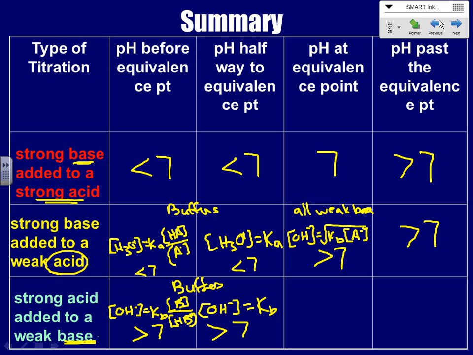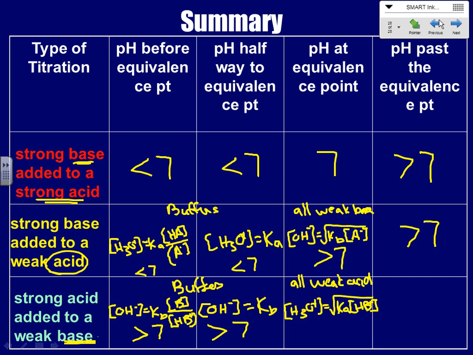At the equivalence point, we've turned it all into the weak conjugate acid. So I have an acid equation here, H3O+ = √(Ka × concentration). In this case, it is the conjugate acid of the base, so I will put HB+. And again, the special case here, at the equivalence point, you might think it should be neutral, but it is not.